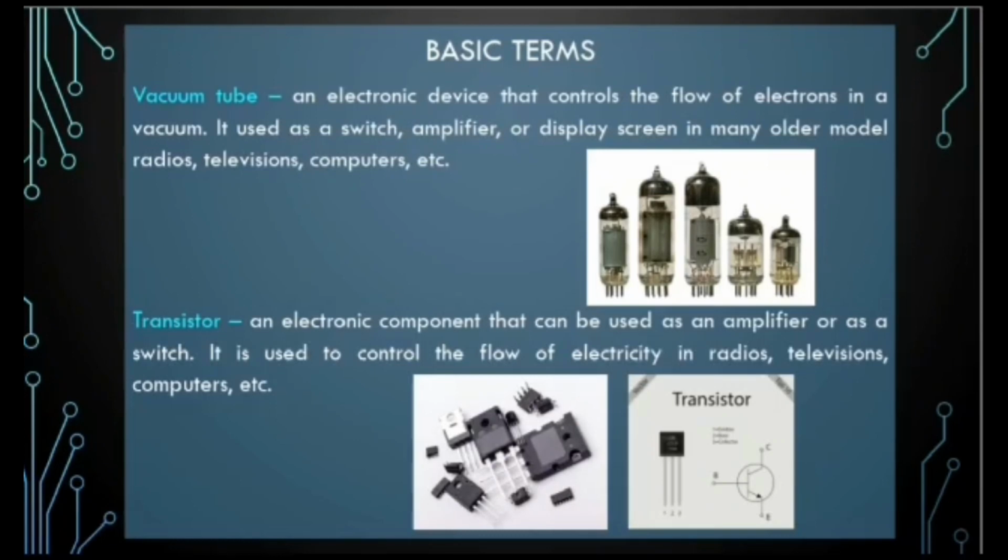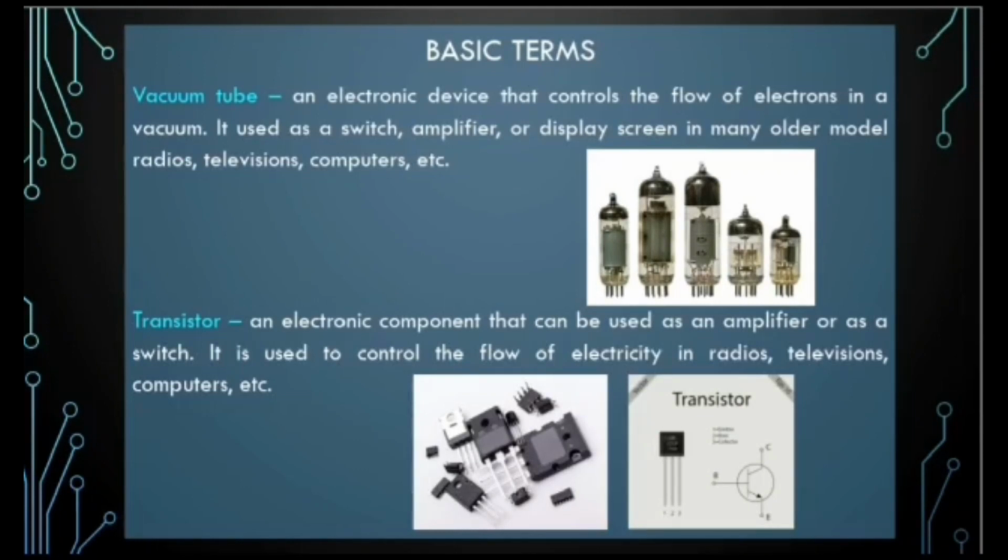The transistor is a semiconductor device that can amplify or switch electronic signals. It consists of three layers of semiconductor material: the emitter, the base, and the collector.